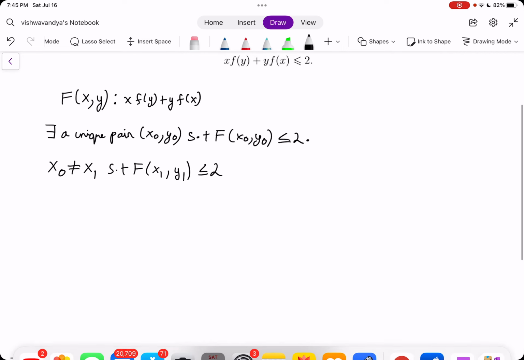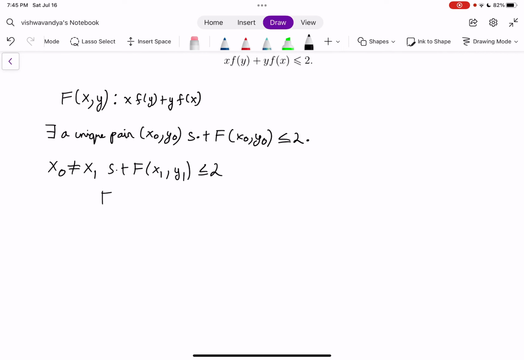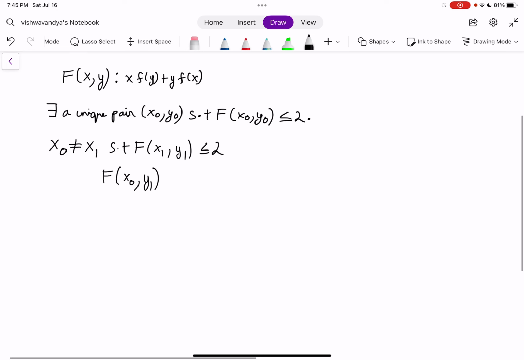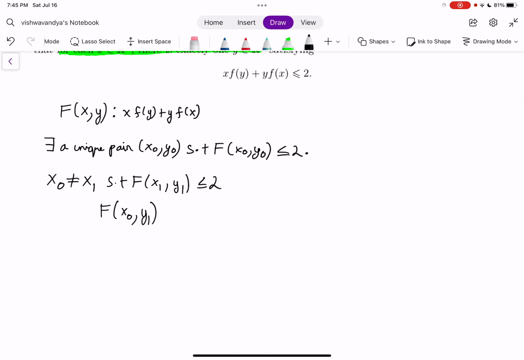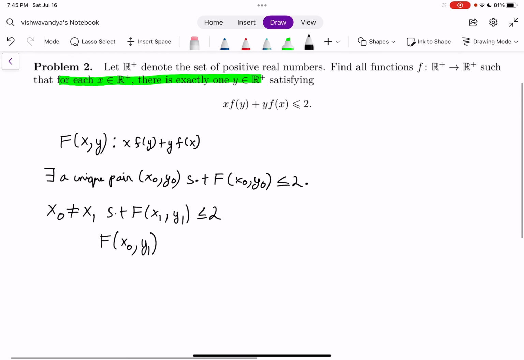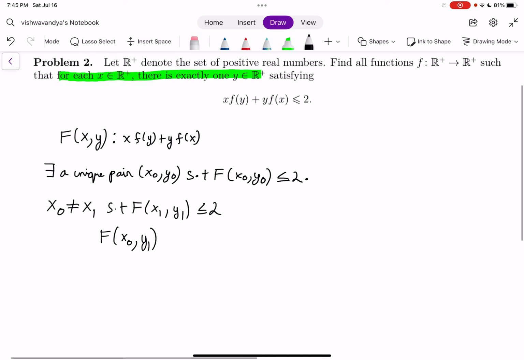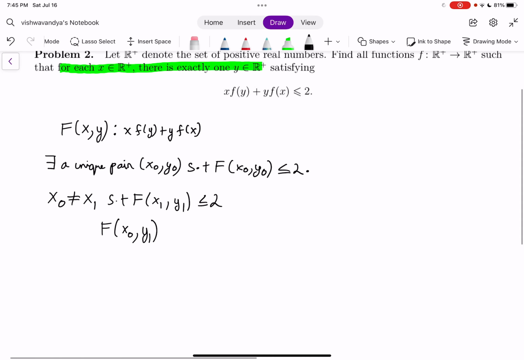Just to make the best out of this, let's violate this uniqueness property and say I choose x naught, but instead of choosing y naught I choose y1. Now what would this mean? This would mean that this is not less than or equal to 2, because we have just violated the uniqueness property. So this must be greater than 2.